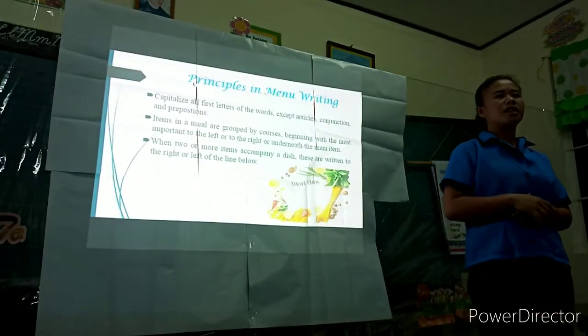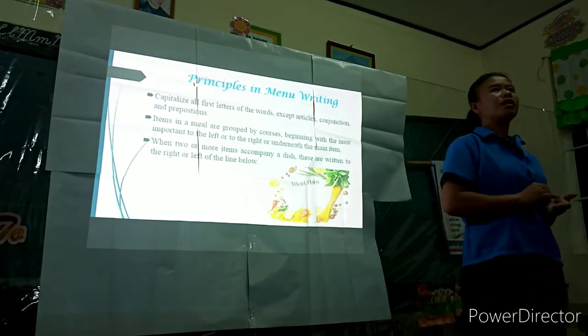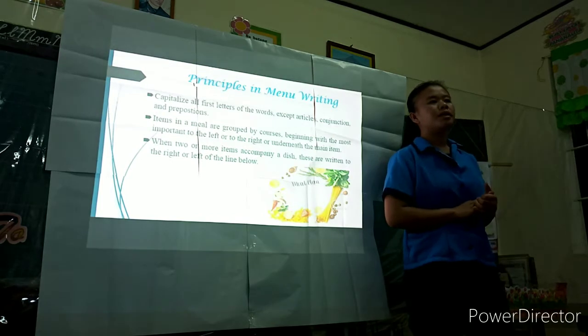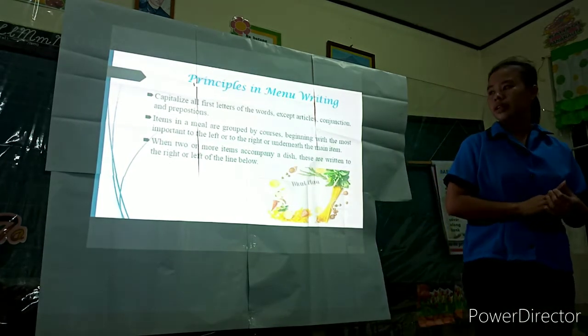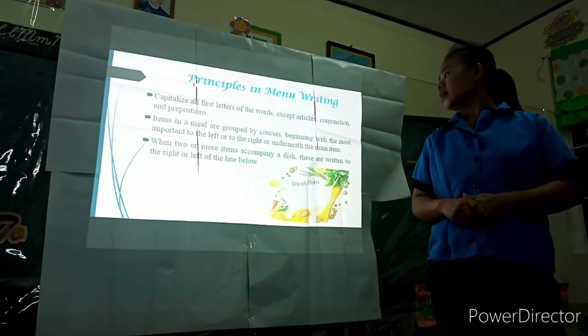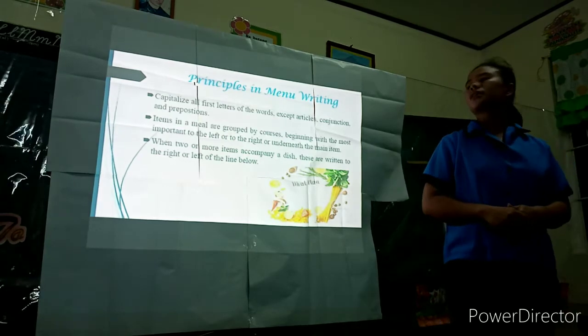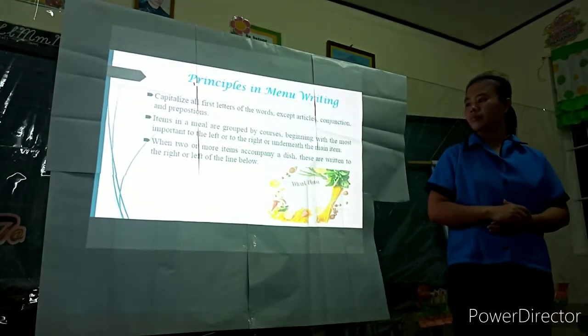Example, Chicken Adobo with Potatoes. The first letters of the words chicken, adobo, and potatoes will be capitalized, except for the word with. Next, items in a meal are grouped by courses, beginning with the most important to the left or to the right or underneath the main item.